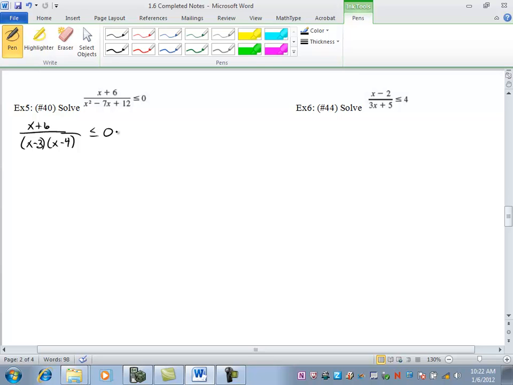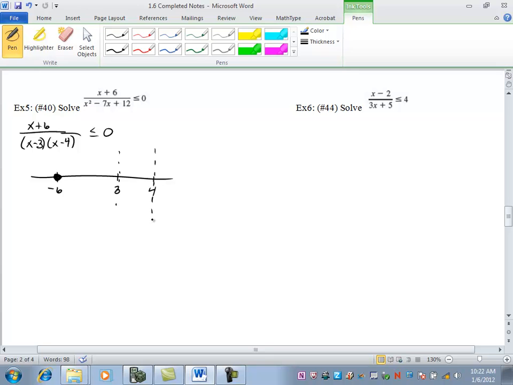And so here, I factor that bottom, and this divides my number line up. At negative 6, this rational expression is equal to 0. At 3 and at 4, this rational expression is undefined.